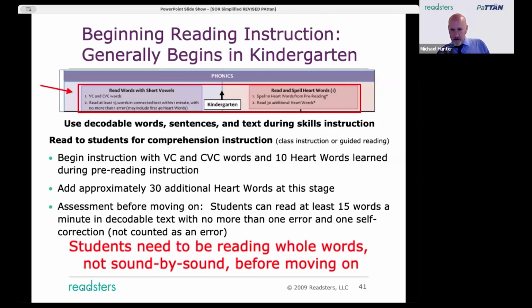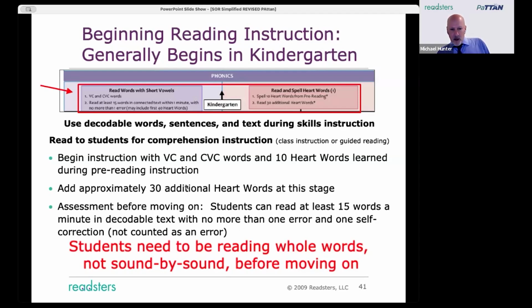And you can go to our website and find a session called Help My Students Stuck at Sound by Sound, and you can find out ways to help them. But they will need help. This is the other place we start losing students, is in the beginning decoding.